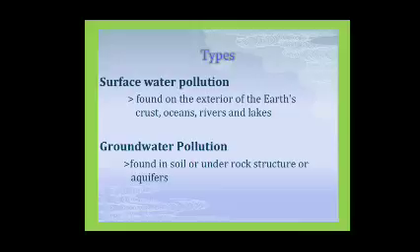Surface water is found on the exterior of the Earth's crust: oceans, rivers and lakes. Groundwater is found in soil or under rock structures or aquifers.